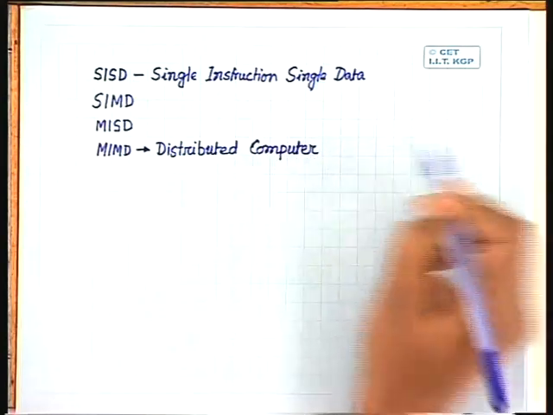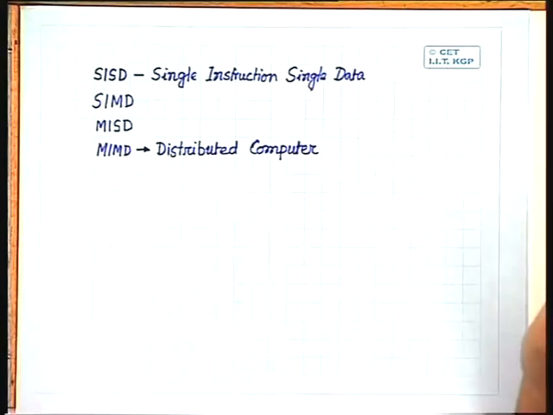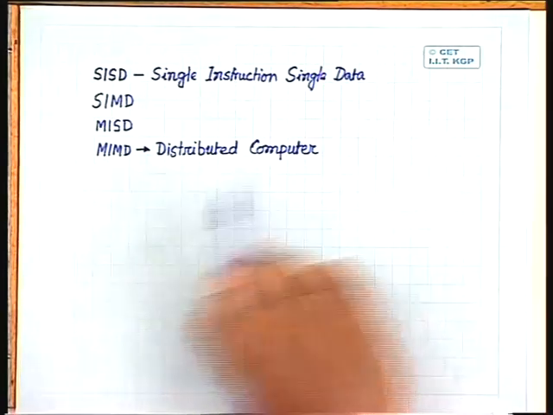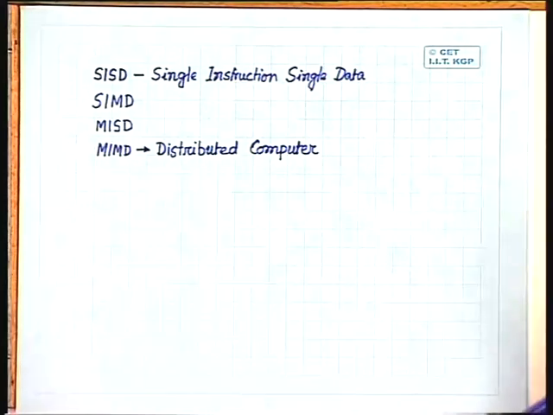Each computer can execute different programs on different data sets. Maybe for coordination, if the different programs are part of the same task, then the computers need to interact during execution, and that can be done via a local area network or some closely connected network. So different types of configurations are possible.